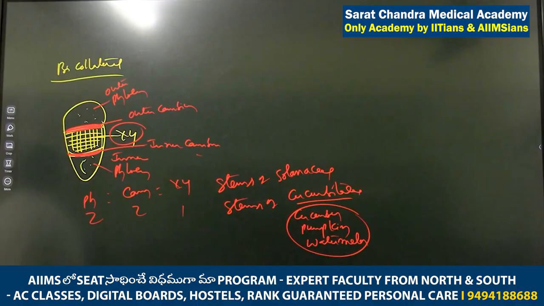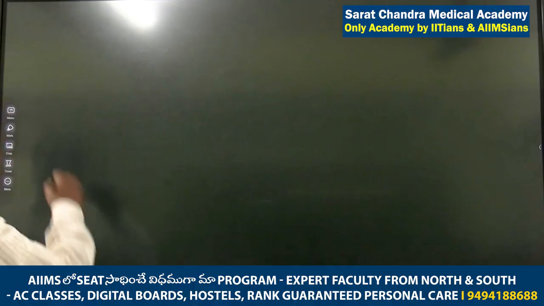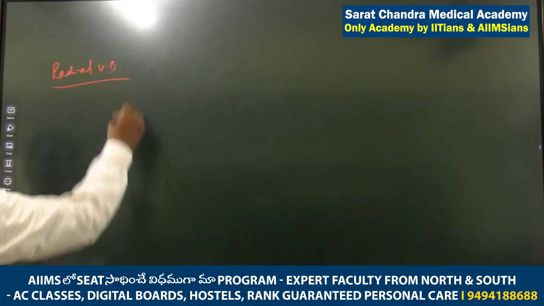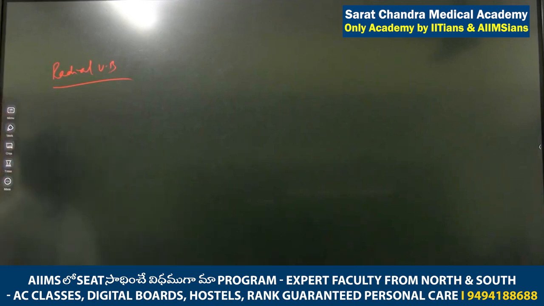Next one, radial vascular bundles. The xylem and phloem are arranged side by side, not on the same radius. So they are on different radii.